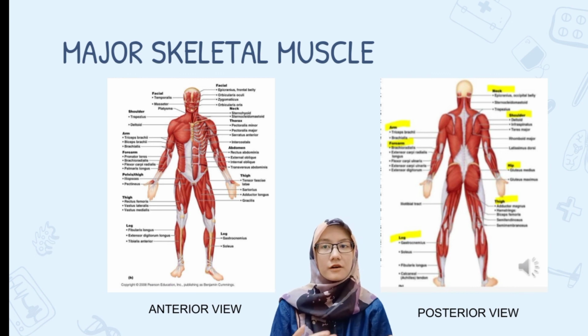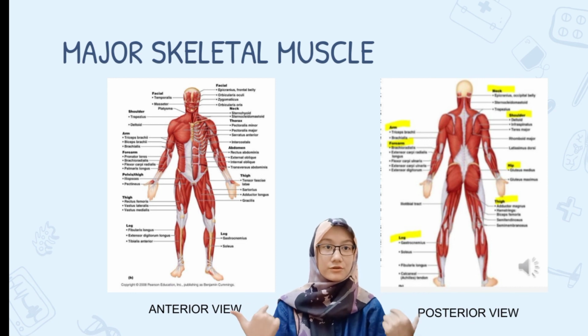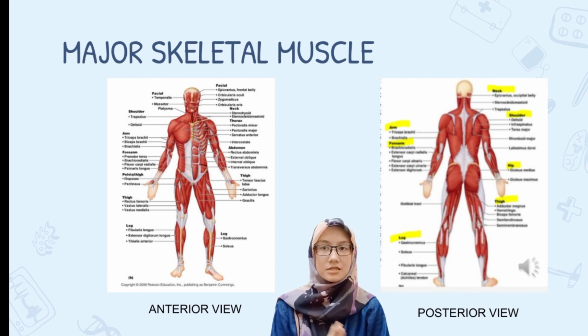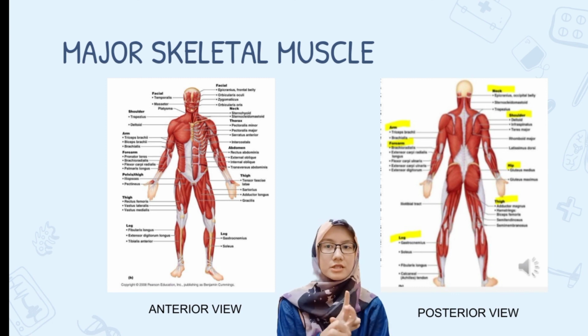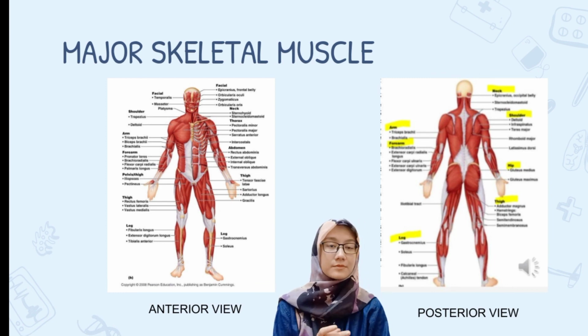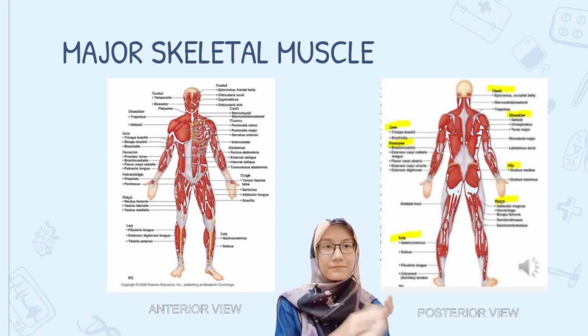Meanwhile, from the posterior view, there are 27 superficial muscles divided into 7 regional areas of the body. They are neck, shoulder, hip, thigh, leg, arm, and last but not least forearm.